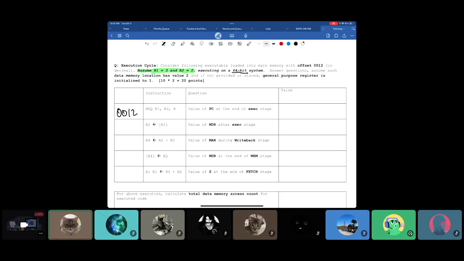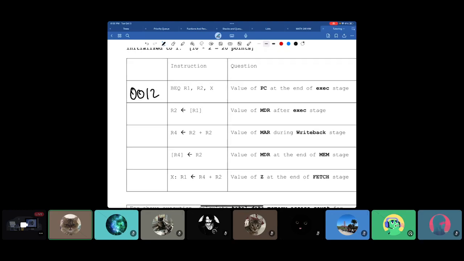So from that, we can see that we're incrementing by 8, so that's going to be 0012, 0020, 0028, 0036, and then 0044, right?